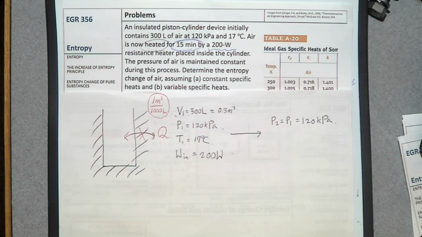First of all, there is some mistake that I made here. When we say W in, that is energy transfer by work. So what is the unit of this W in? Watt or Joule? It should be Joule, because this is the energy transfer, not the rate of energy transfer. So that is not power, okay?